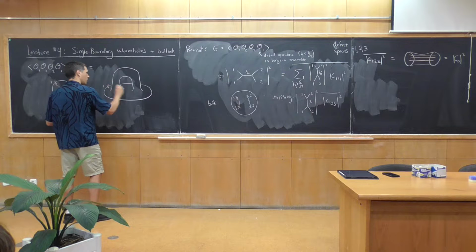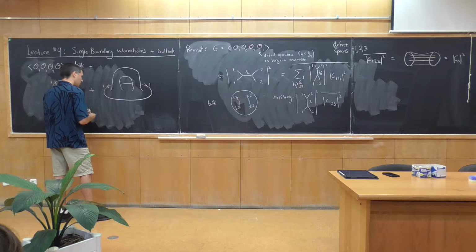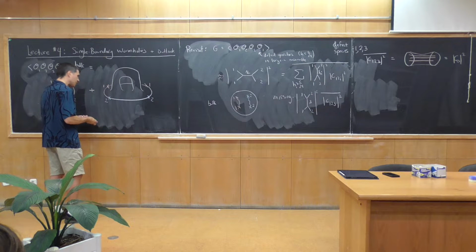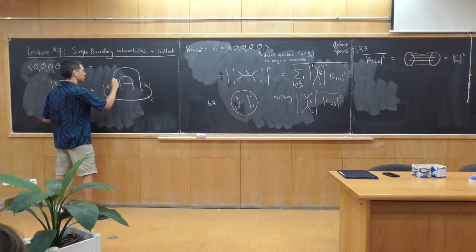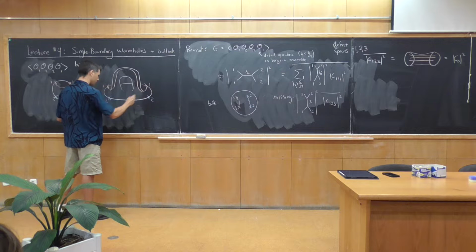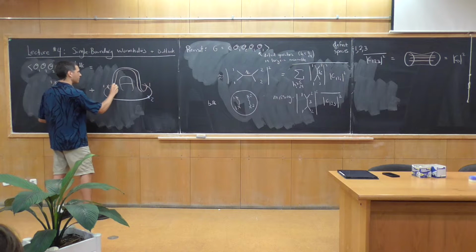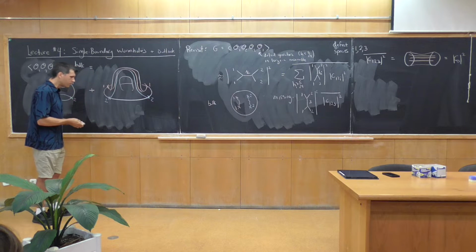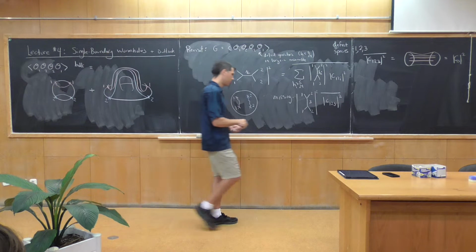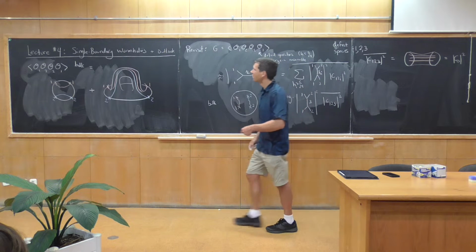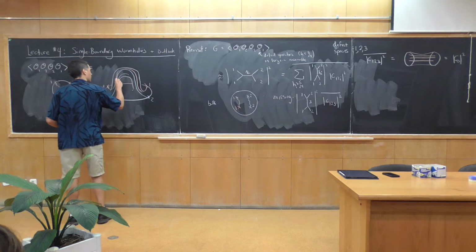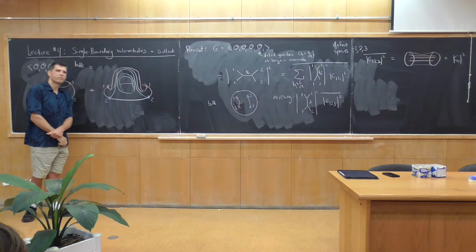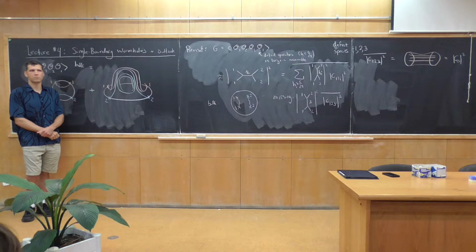You insert operator 1, 1, 2, 2, but now we send them through the wormhole. And we need a third operator. So the third operator goes here, looping through the handle and never touches the boundary.